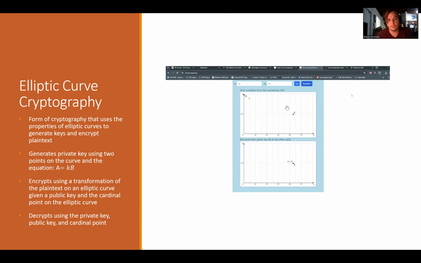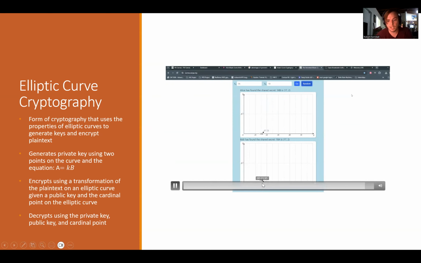So the first thing the two users did, after selecting their private key, was calculate their public key and share it with the other party. And now after generating that public key, they can generate their shared secret key by performing an elliptic multiplication between their private key and the public key provided to them by the other user. And as we can see, they end up with the same shared key of 17, 2.